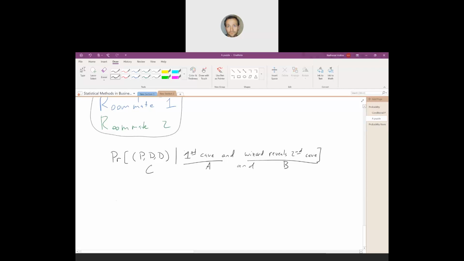So, using the definition of conditional probability, which I'll remind you is the probability of A given B is equal to the probability of A and B over the probability of B. So I'll put this to the side and apply it.